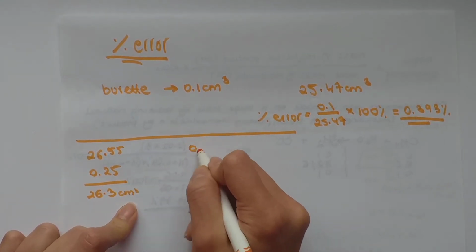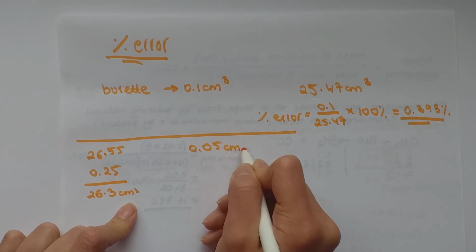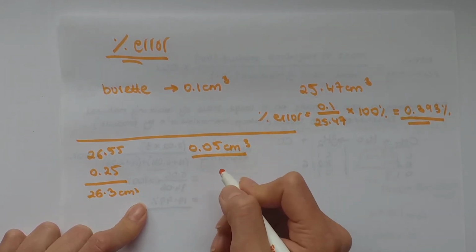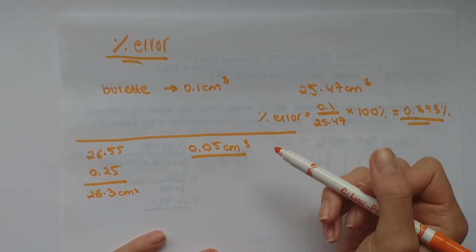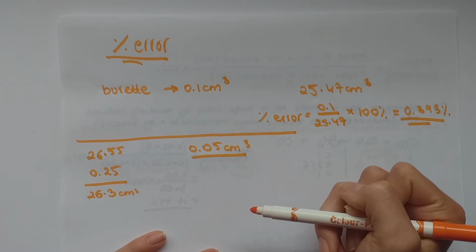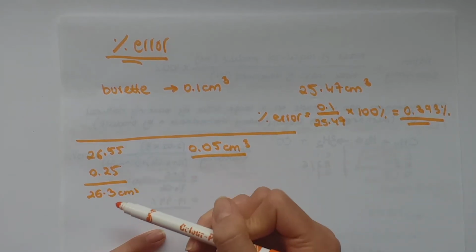They also tell you the error on the burette is 0.05 centimeters cubed. And now you have to find the maximum percentage error in the titer.